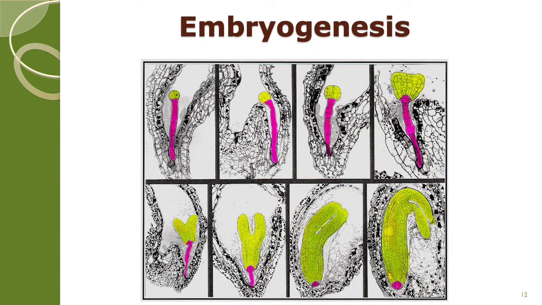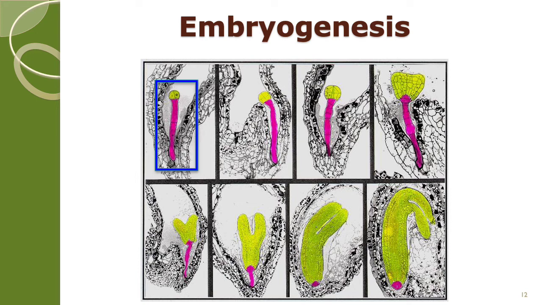Now this picture is basically showing the whole process of embryogenesis, but we're looking at mainly 2 parts. We're looking at the structures formed by the basal cell, which are shown in purple, and the structures formed from the apical cell, which are shown in yellow. So if you remember, the zygote undergoes mitosis to form an apical cell and a basal cell.